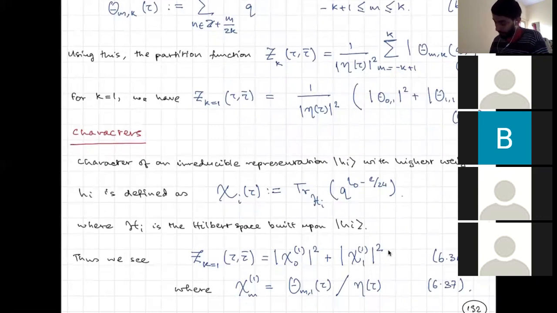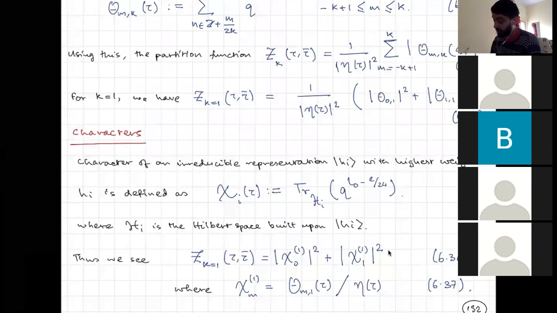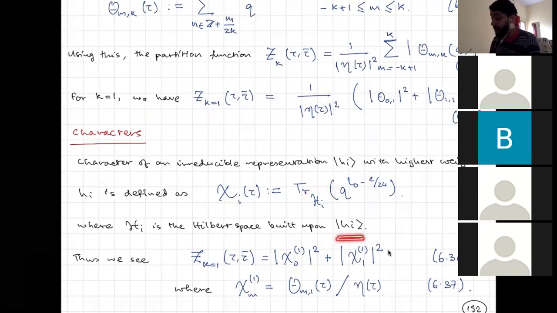This character of an irreducible representation H_i with highest weight H_i is defined very similar to the partition function, but notice that here now the trace is only over the Hilbert space which is built out of H_i and not the other things. So the natural thing is that the whole partition function will be a sum of these guys.